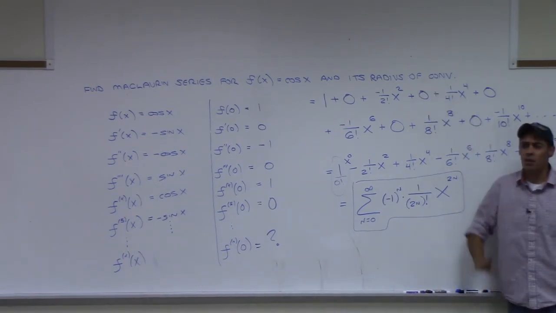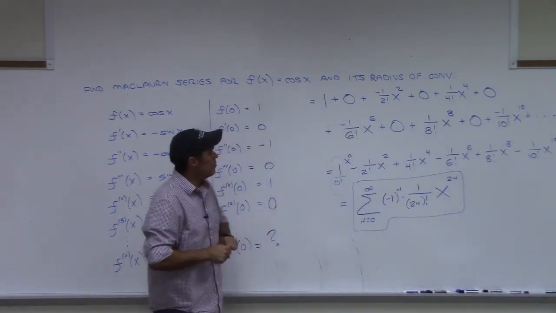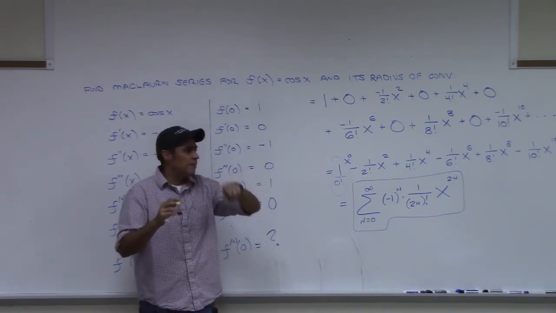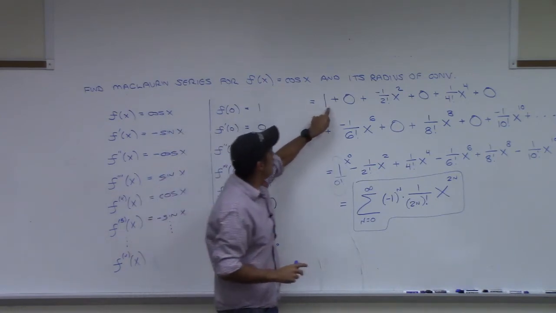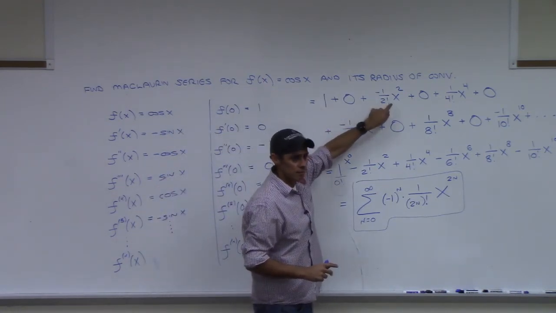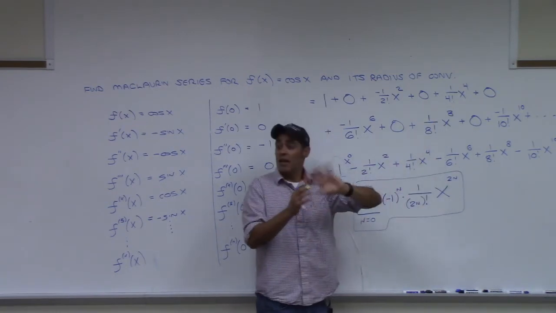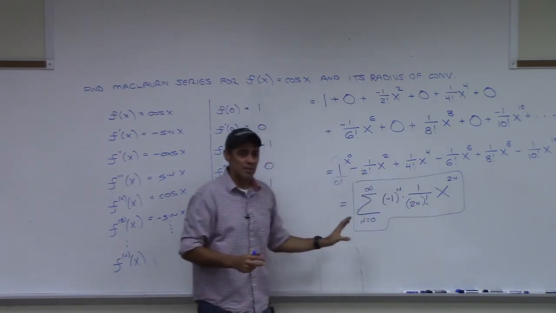Radius of convergence. Do y'all remember when I first introduced this whole idea, I did the graph of cosine. I said, what would be a good approximation of cosine? And we had said 1 minus this, right? And I stopped there. But I said later on we'll see that we could do more terms and you would get a better approximation.